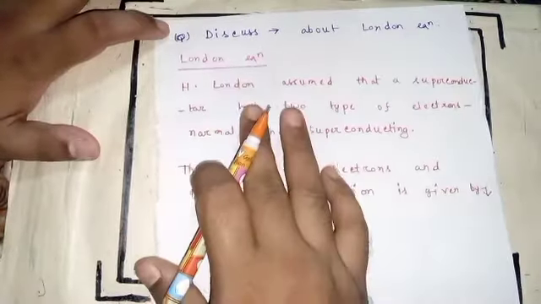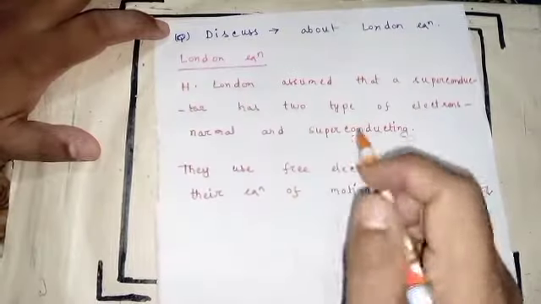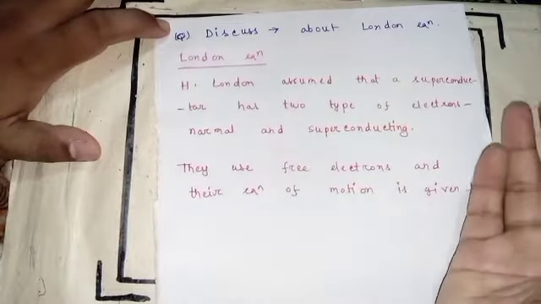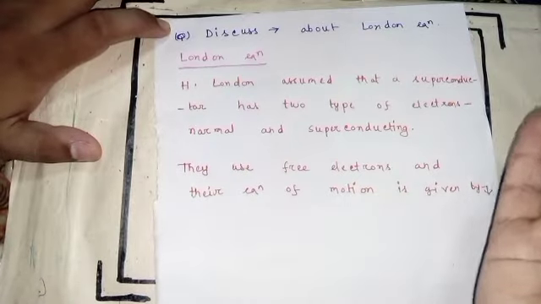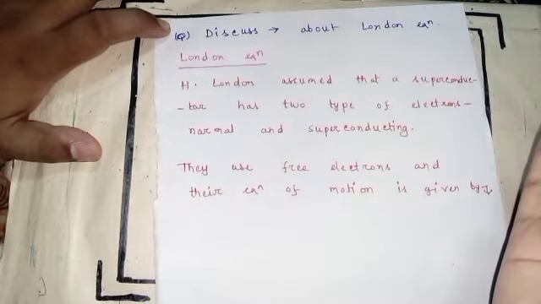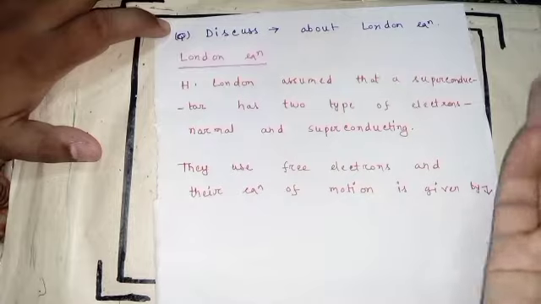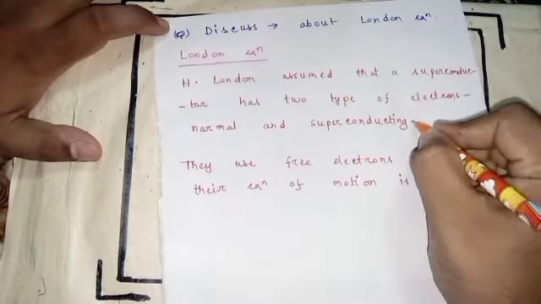So the Londons assumed that a superconductor has two types of electron. The first one is normal electron and the second one is superconducting electron, which is also called super electron.